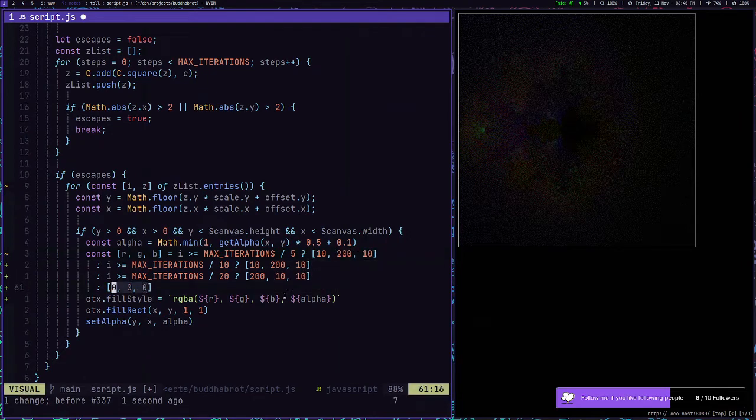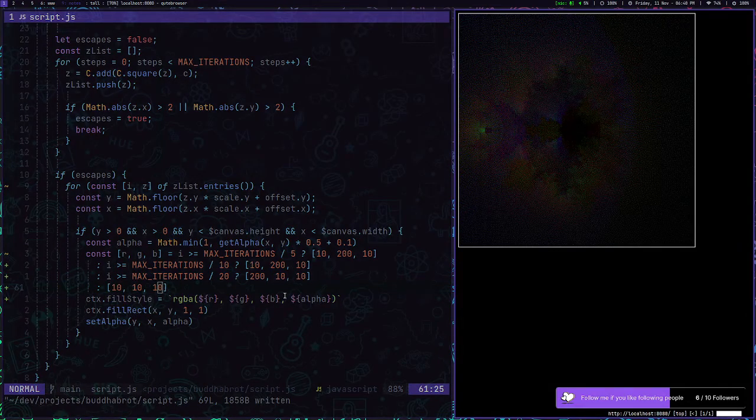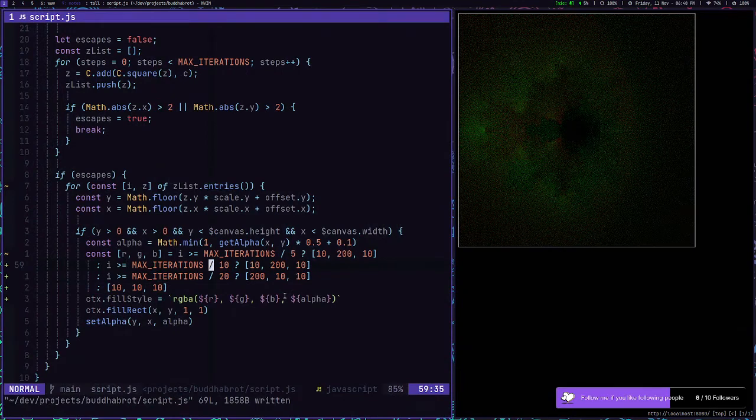This guy becomes 10, 10, and 10. Okay, a lot of green. Way too much. No, that's not what I wanted. Let's reverse these two.